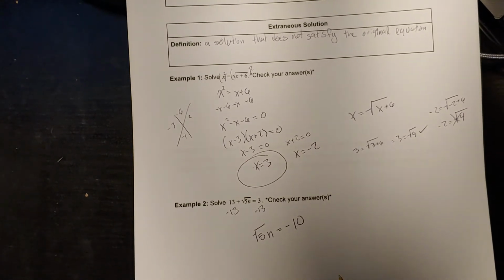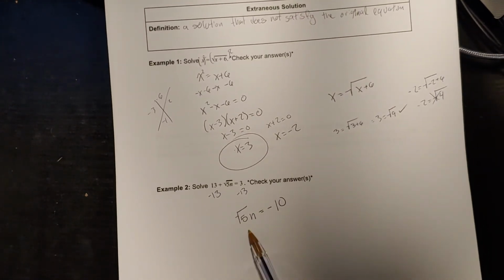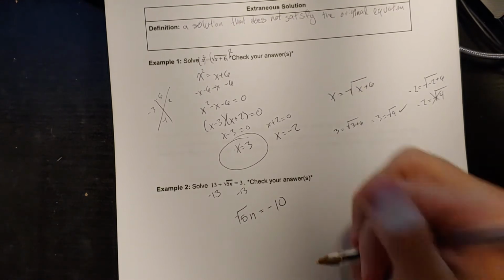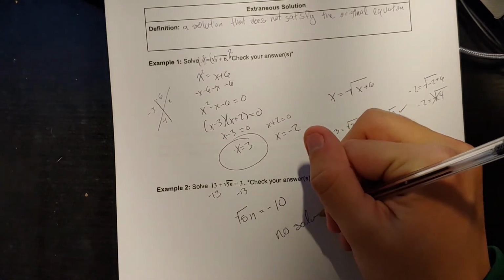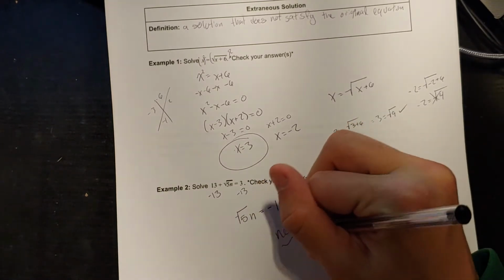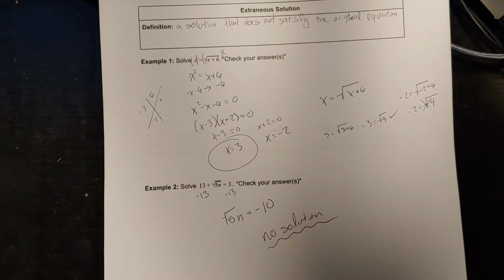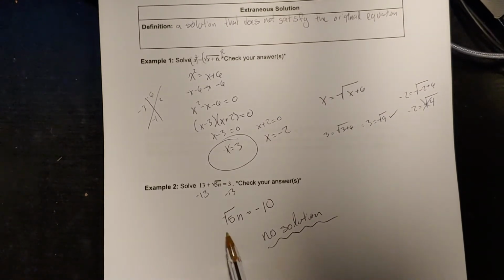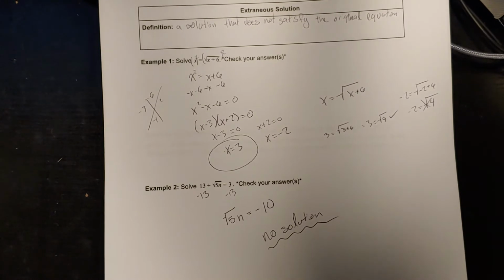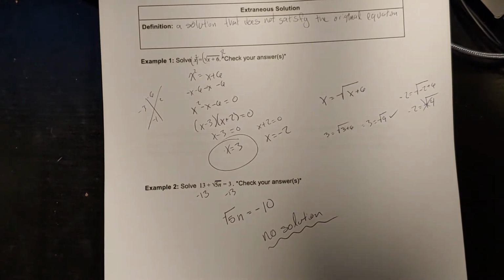And like I just said, can a square root equal a negative number? Absolutely not. So this one is no solution. And that's it. If you get the radical by itself first, you can encounter a situation like this where a square root equals a negative number, and then you don't have to do any more work. That makes it so much easier.